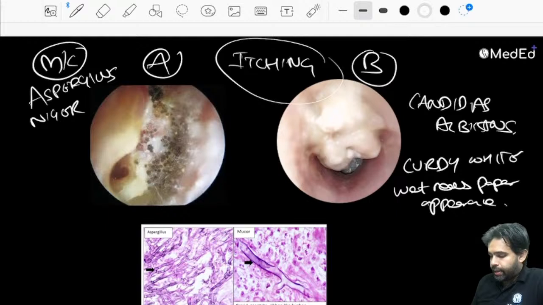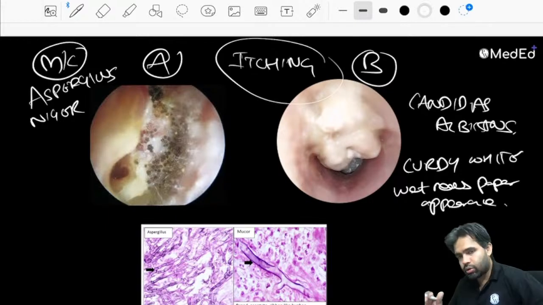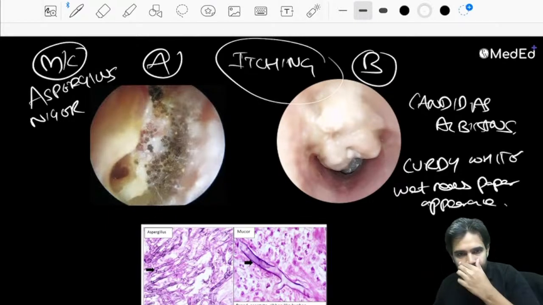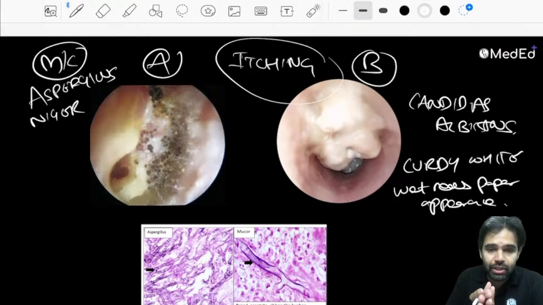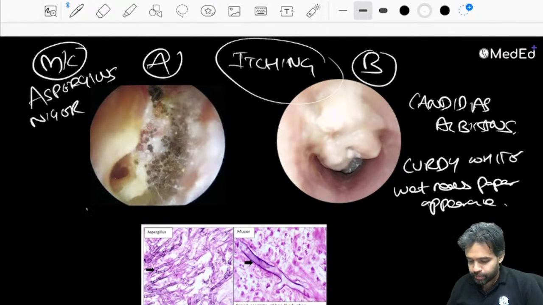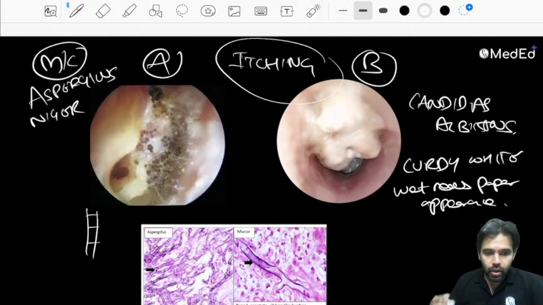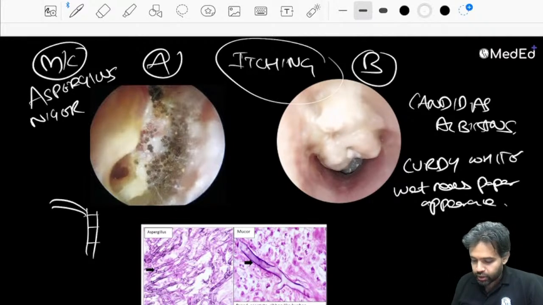All right. In Aspergillus, you will see this thing about septate and aseptate hyphae. Okay, so what is this septate? Many students get confused. They say septate is branching. Septate is not branching. In Aspergillus, septate basically means these lines that you see like a bamboo. All right, and it branches out acutely.